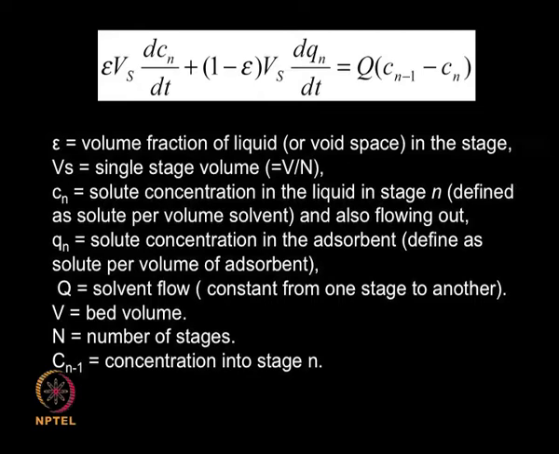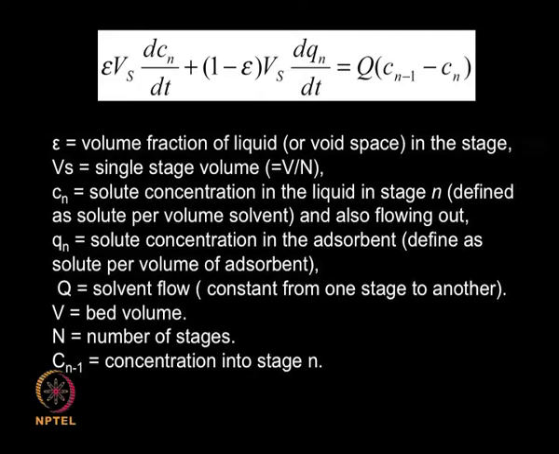So if epsilon is the void space, 1 minus epsilon will be the fraction of solids present in a stage, multiplied by Vs, where Vs is the volume of each stage, into dQn by dt. Small qn is the solute concentration in the adsorbent, or solute concentration in the stationary phase, in that particular stage n. So please note we have Cn, Qn, Cn minus 1.